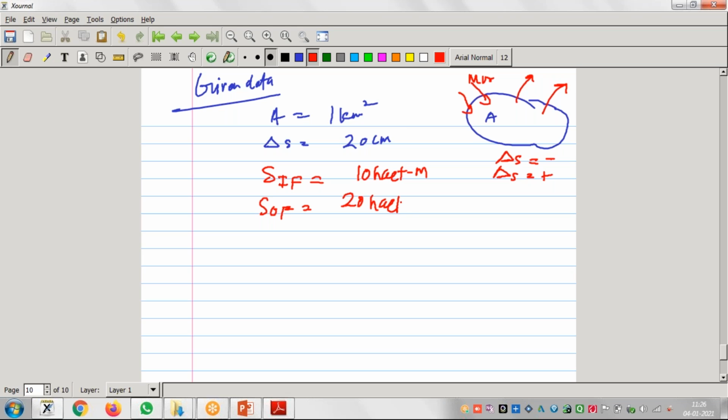Now it is clear: what is going out is more and incoming is less. So here the change in storage is minus, and I will use it as minus.